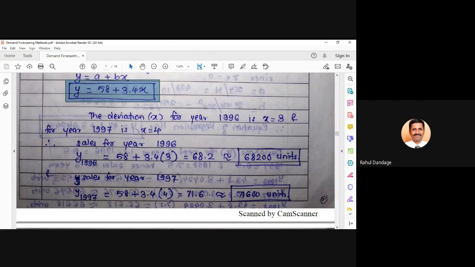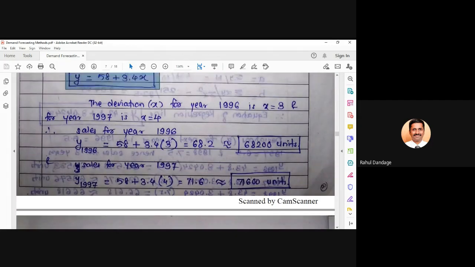So 1996 minus origin 1993, the deviation x value is 3, and for year 1997 the deviation is 1997 minus 1993, equal to 4, so x is equal to 4.